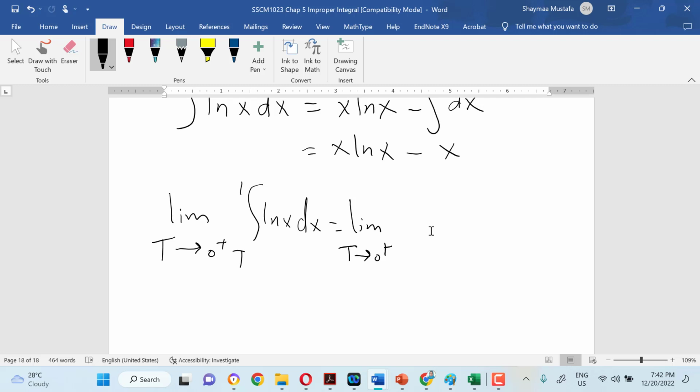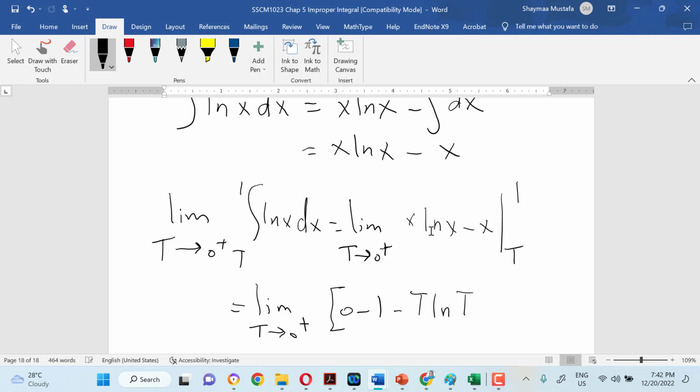The integral from t to 1 of ln x dx will be equal to the limit when t goes to 0 from the right of x ln x minus x from t to 1. First I will substitute 1. So 1 times logarithm 1 is 0, minus 1. Minus the substitution of t, so minus t ln t plus t, when t goes to 0.